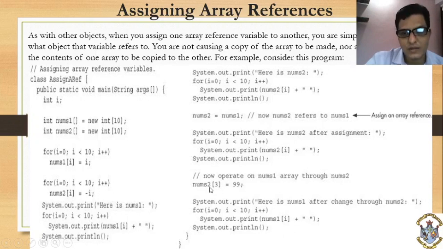By referring to it with nums1, it is also modifying the nums1 location value. So if you display here, now nums1 of 3 gives 99. That is because it is assigned, it is referring.